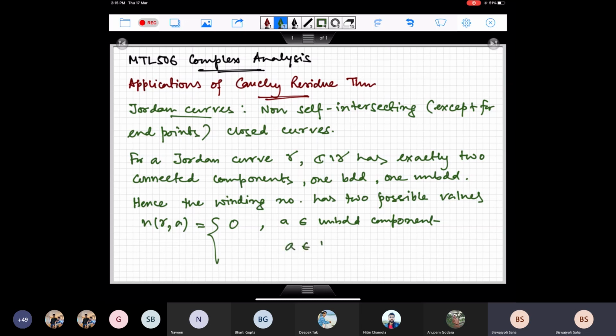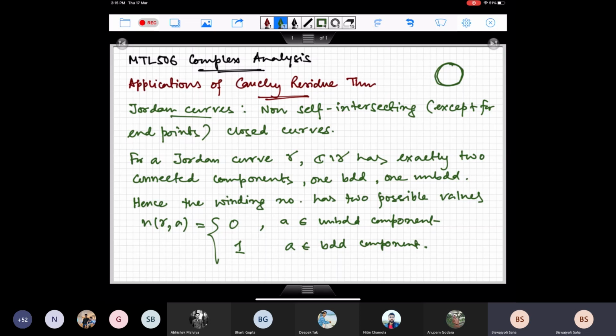Now if A belongs to the bounded component, then what happens? 1. Why is it 1? Because gamma is winding around A exactly once, since I have said it's non-self-intersecting. It's not allowed that I keep circling around a point again and again on the same path. So therefore, this winding number is 1.